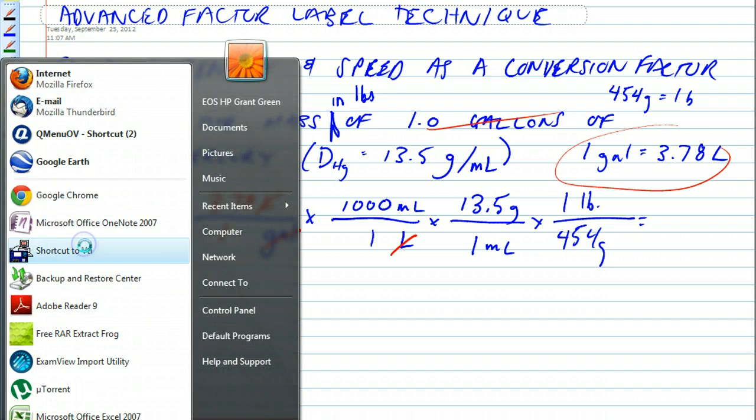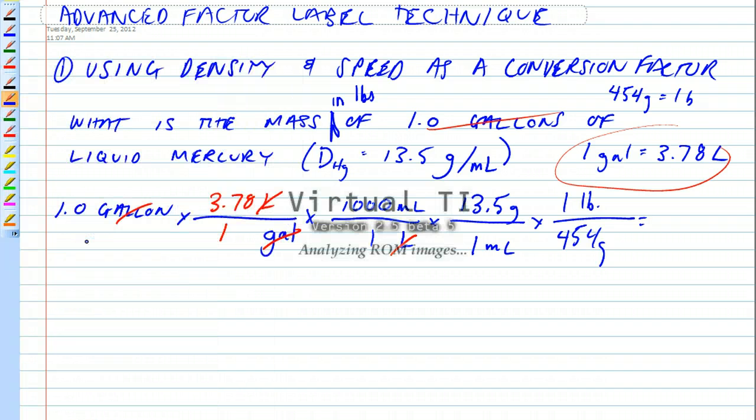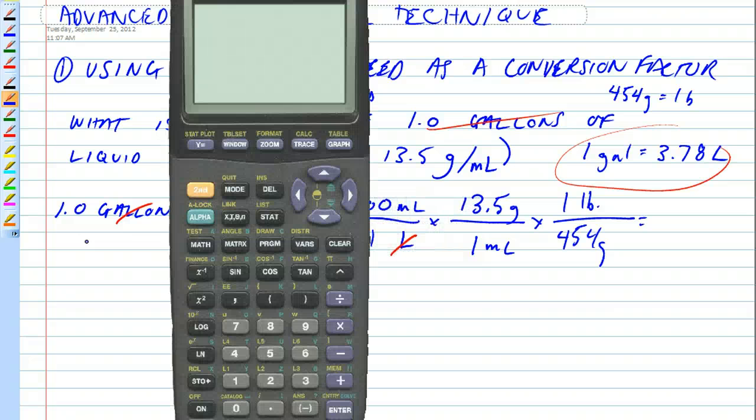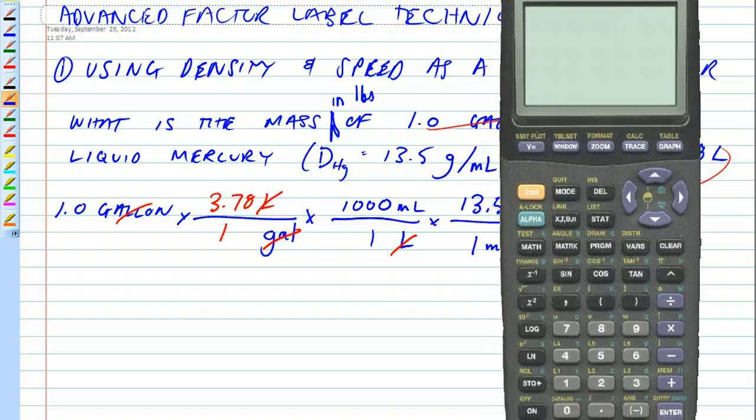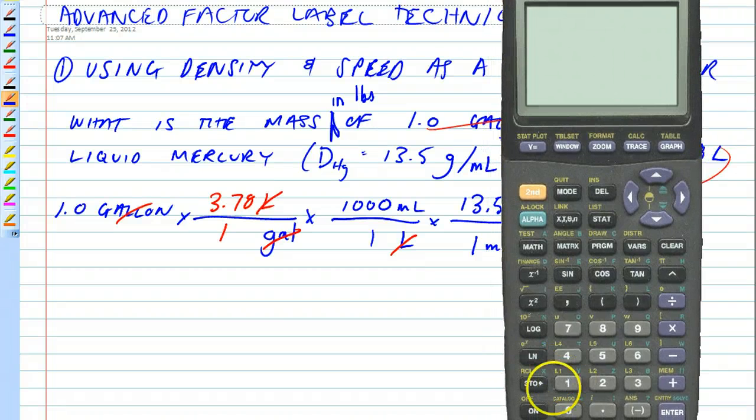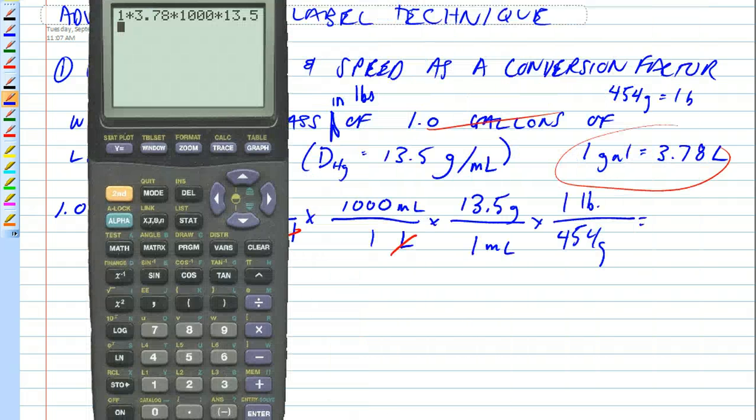Do that calculation. So it's 1 times 3.78 times 1,000 times 13.5, divided by 454.